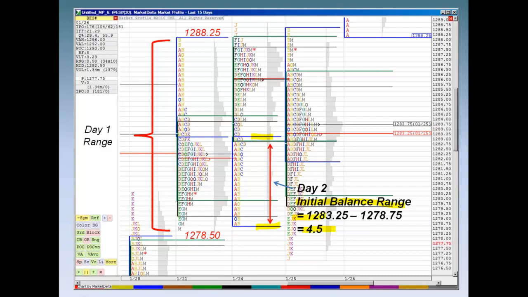These are the two numbers that I have here. I subtracted them, and it gives me 4.5. This is a rather big move, because if my total range for the prior day was 9 or 9.75, 4.5 is just about half that. So I saw half of my day's move in that initial balance area.